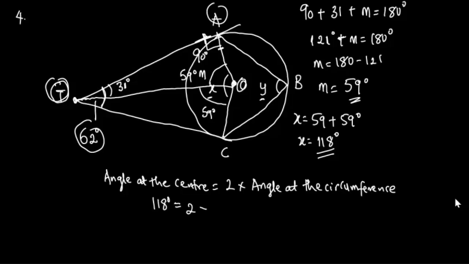So it's going to be 2 times this angle we are looking at on the circumference. This is the angle at the circumference, Y. So therefore, we are going to divide by 2, and we now have Y equal to 118 over 2. And this should give us 59 degrees.